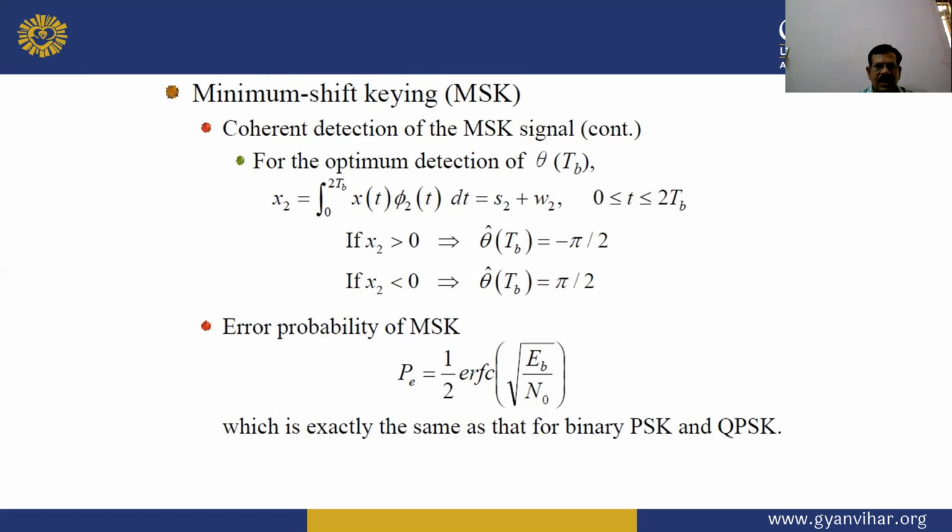And if x2 is less than 0, then theta TB equal to pi by 2. So the error probability of MSK, Pe, equal to 1 upon 2 erfc of square root of EB upon N0, which is exactly the same as for binary PSK and QPSK.